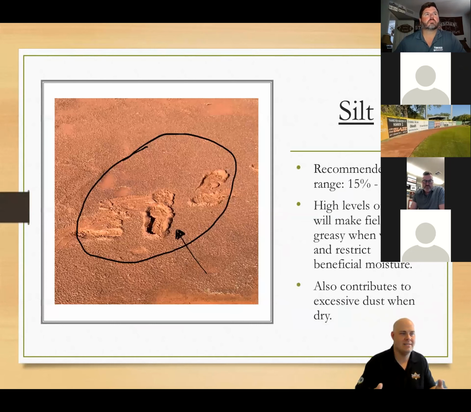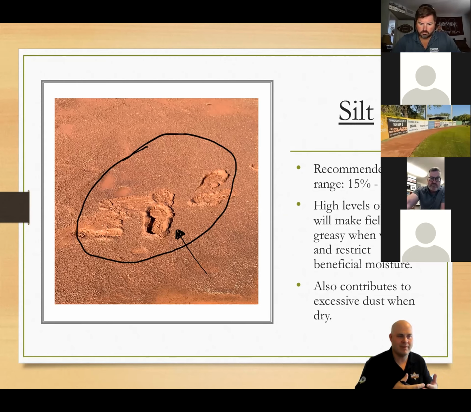The biggest maintenance it's going to need is to be retilled and reblended to reset the distribution of those sand particles. Because as you know, when you put really fine particles in a solution with really big particles like sand, it'll push that sand to the top. So it needs to be blended together so it's homogeneous every 3 to 5 years.